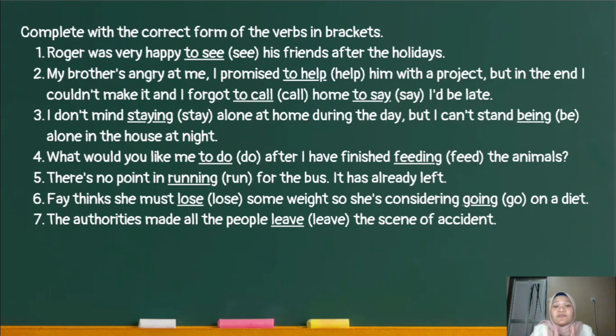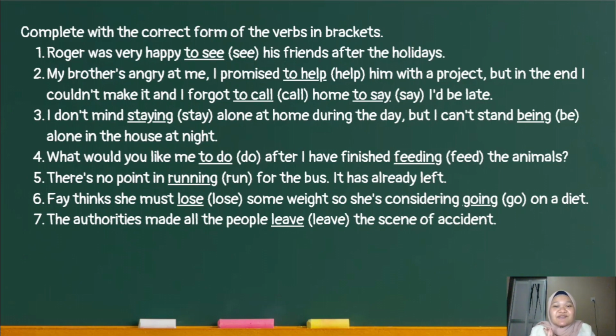Okay, before we end this section, because we have already come to the end, let us recap a bit. There are two types of infinitive: bare infinitive and to infinitive. So what is the other grammar that you have learned today?